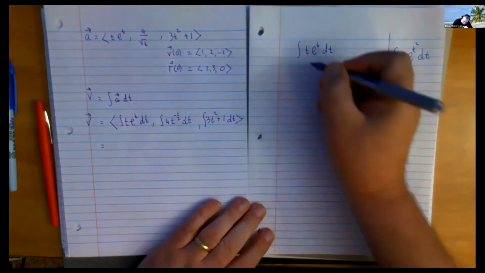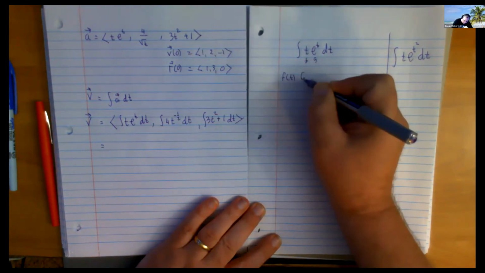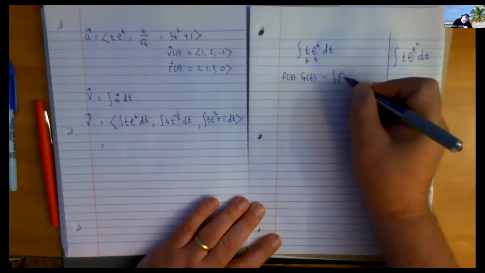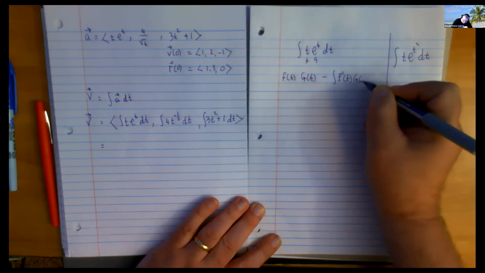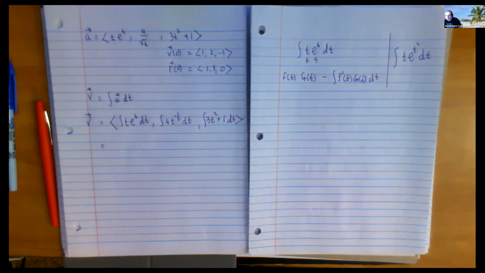I'm going to do the f of t, big G of t, take away f dashed of t, g of t. And somebody said a really cool thing with voodoo in it, and I've forgotten the rest of it. What was that phrase to remember it? Something, something voodoo. You do voodoo.